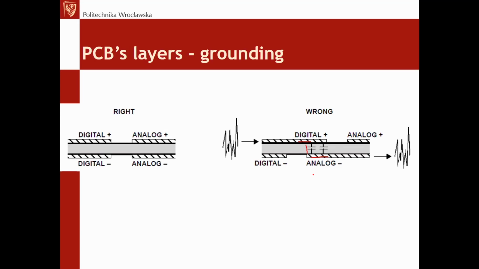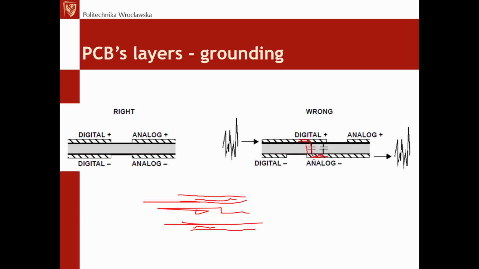Yet, if, for example, we put a track on top, which is digital, and a track on the bottom, which is analog, and if they overlap for a longer distance, then the noise from the digital part, especially, is critical.